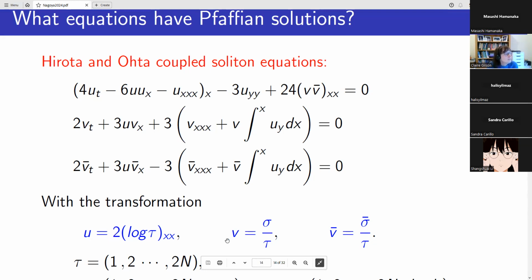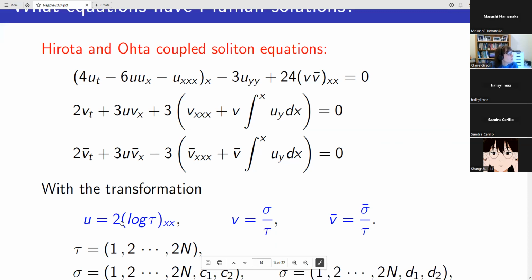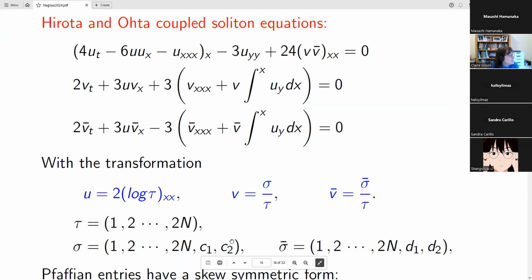In the commutative case, V is sigma over tau, and V bar is sigma bar over tau. And my tau here is a quasi-determinant. Sorry, my tau is a normal Pfaffian. The sigma and sigma bar are Pfaffians with 2 extra rows in each.